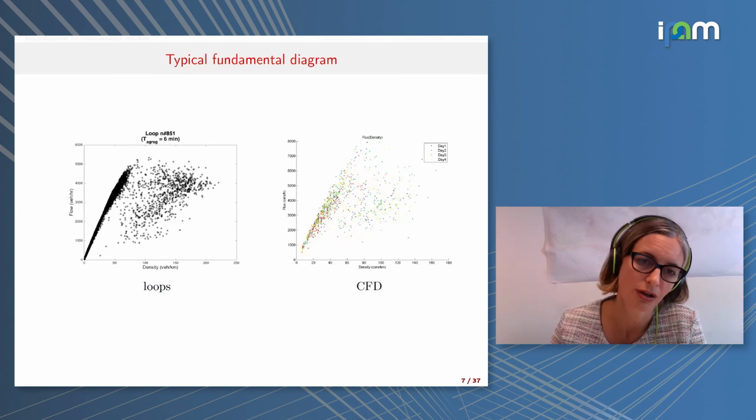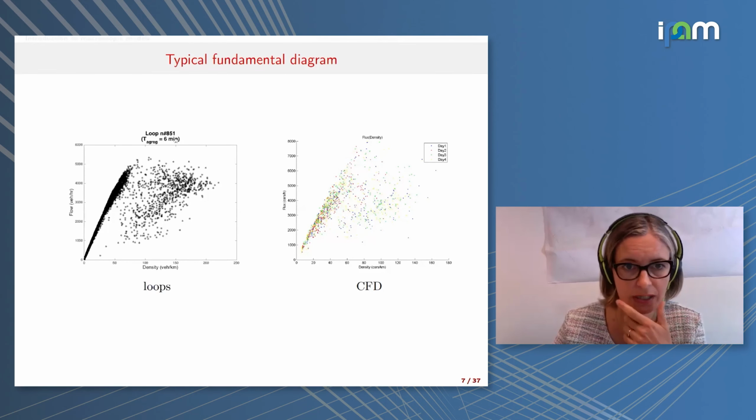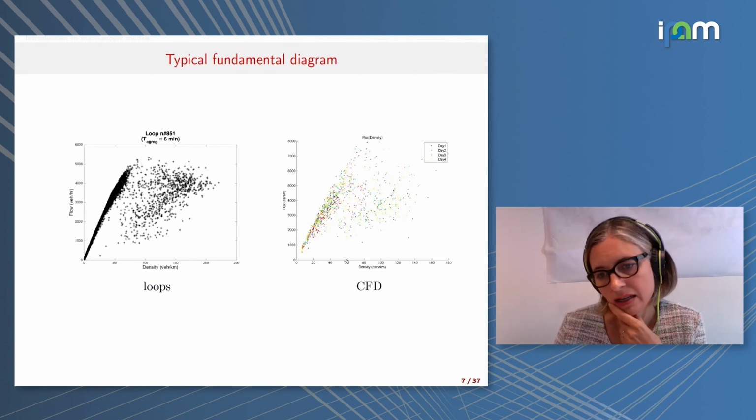The plot on the left is taken from loop detectors, one specific loop detector. And the data on the right are derived from floating car data, so from the GPS, after rescaling, taking into account the penetration rate of vehicles equipped with GPS.